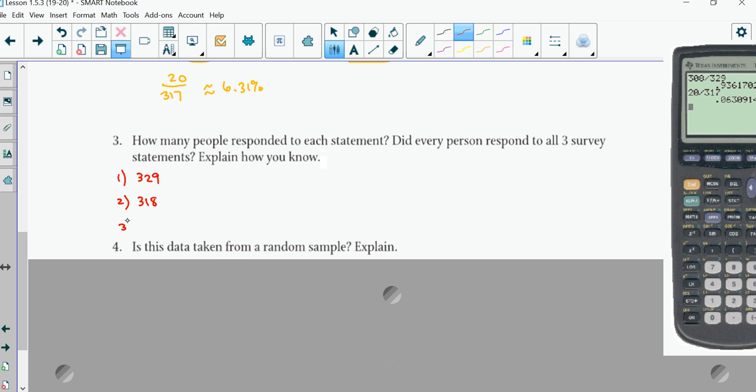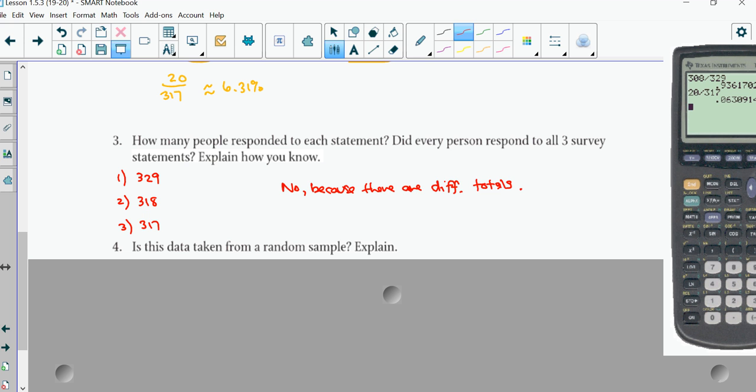And then the third statement, there were 317. Did every person respond to all 3 statements? Explain how you know. The answer would be no, because there are different totals. So 329 people responded, 318 responded, 317 responded.